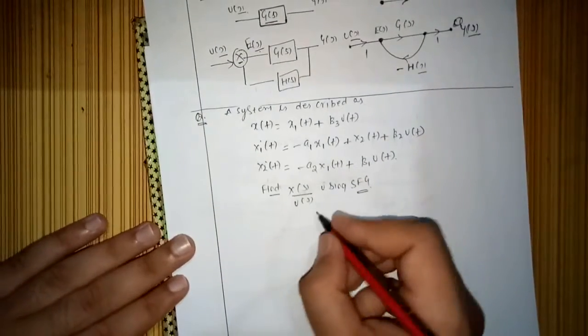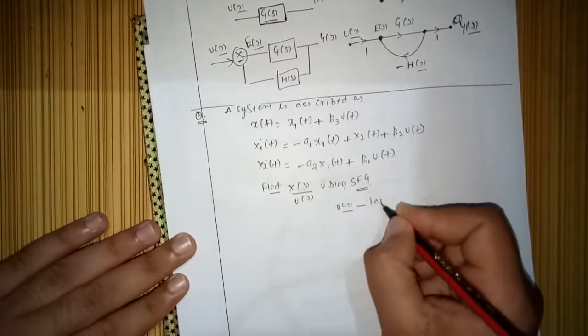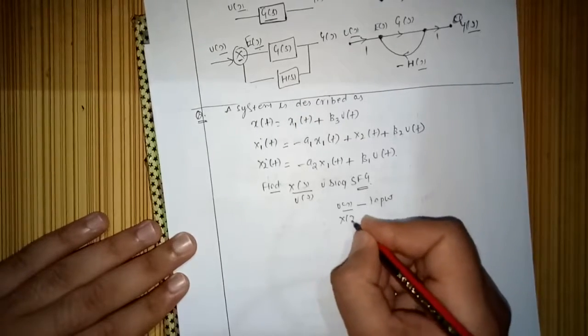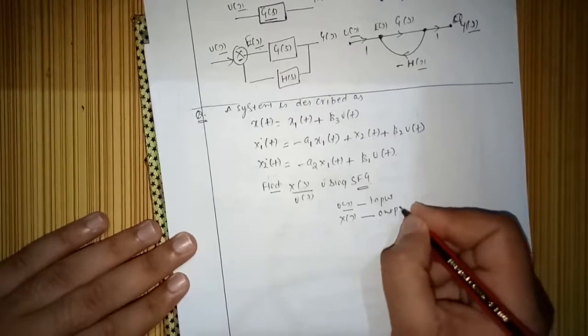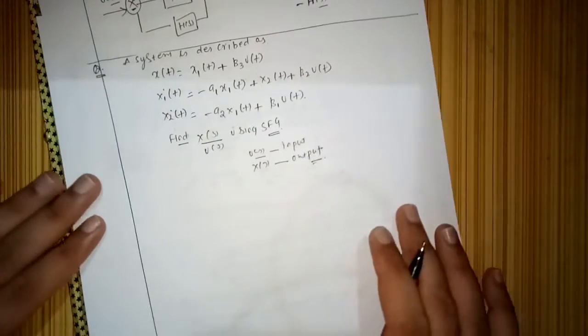Now if we see this, I can represent U(s) as input and X(s) as output, right?